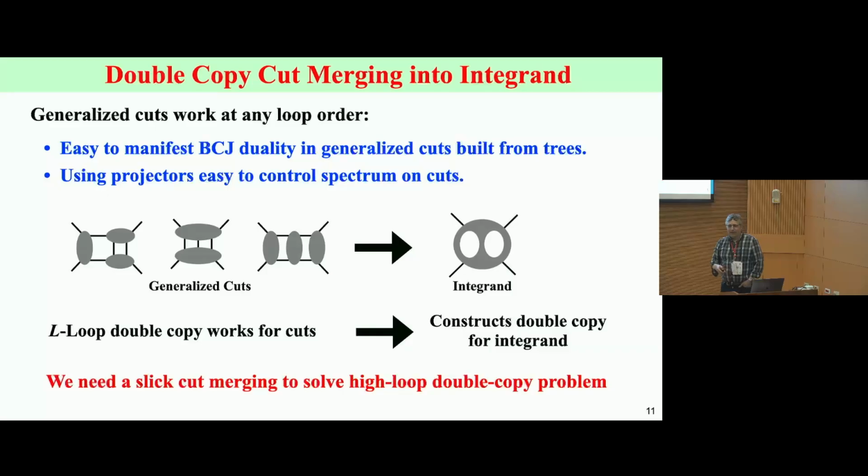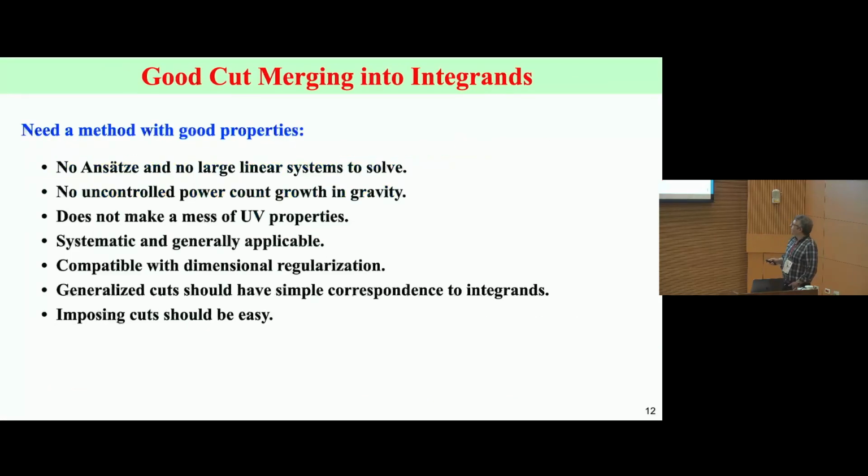Then you can make your declaration. That's where the title of the talk comes from. Okay? So the key to double copy to all loop orders is not to think about the double copy, how you do this in the integrand. You have to think about how to do much slicker cut merging. That's the key.